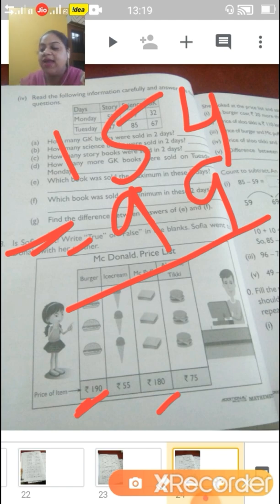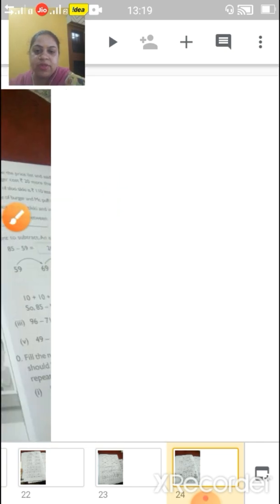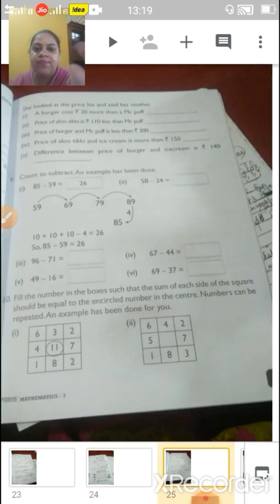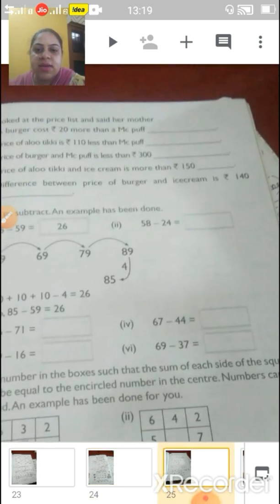Like aloo tikki, they are selling 110 less than McPuff, means aloo tikki they are selling less than McPuff. How much? That is 110. I will write here. Understood?